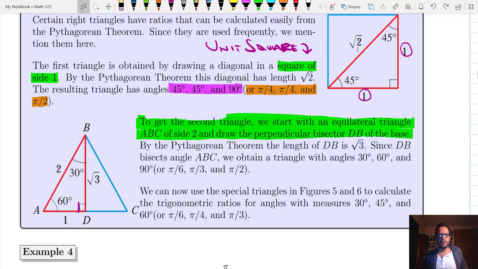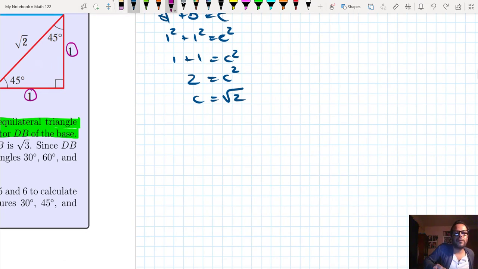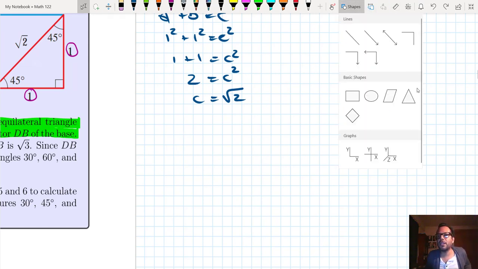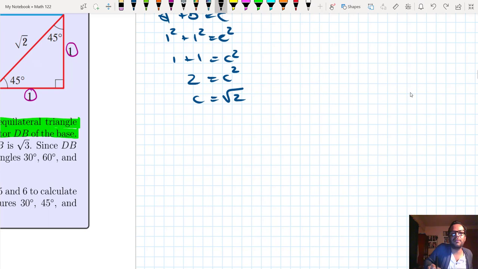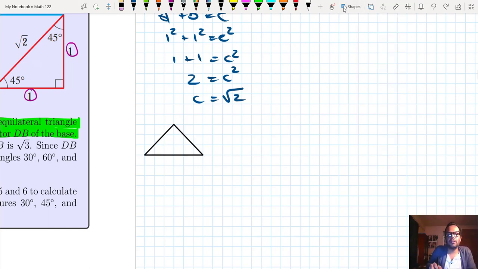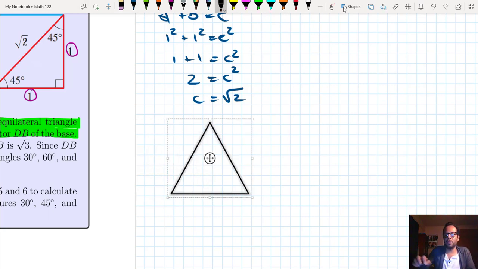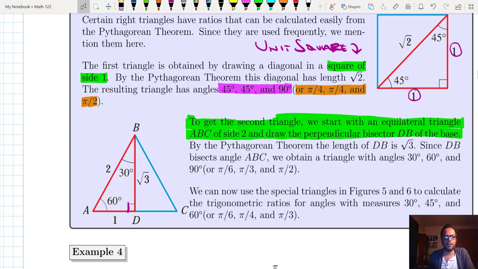So let me go to the side right here again. Let me reproduce this picture. Good thing we have a way I can do an equilateral triangle using this, right? Remember, that's what I tried to do. Okay, so that looks like an equilateral triangle.